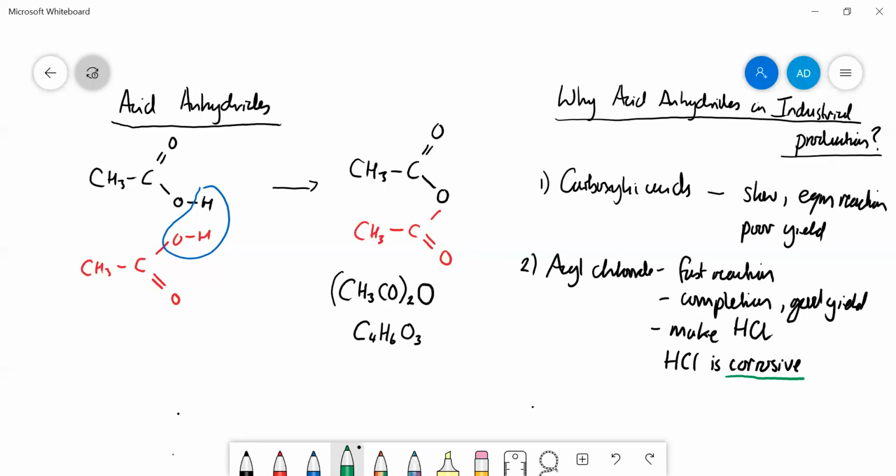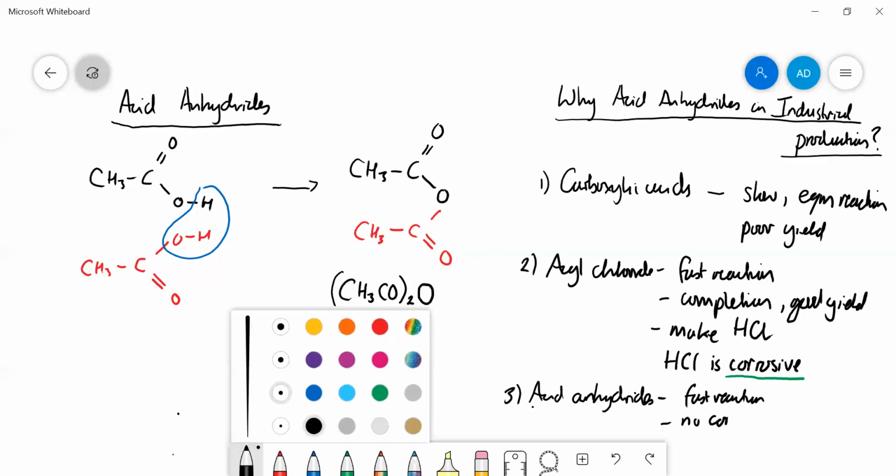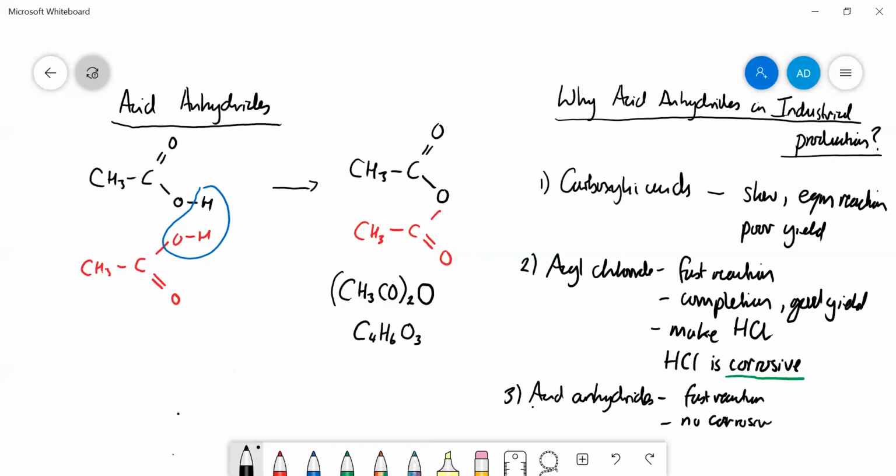So it's the fact that it's corrosive rather than toxic that is why acyl chlorides are not used. But with acid anhydrides, you get a fast reaction and no corrosive HCl is formed. Okay, so we'll leave that there for the time being.